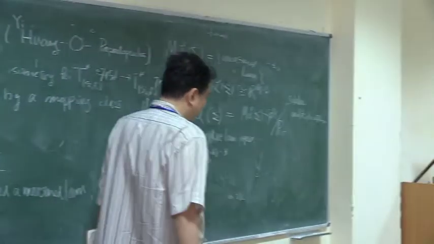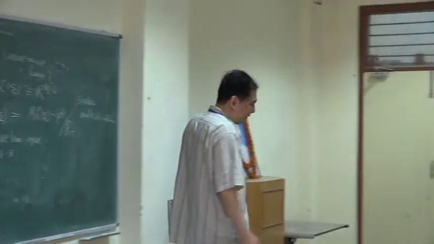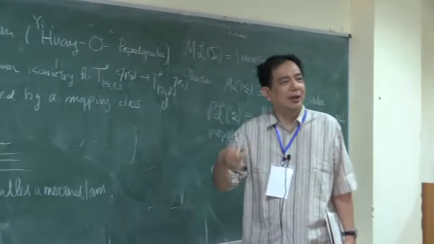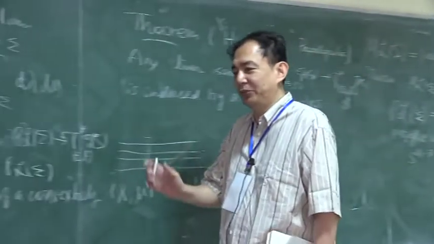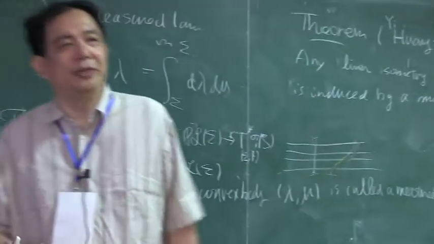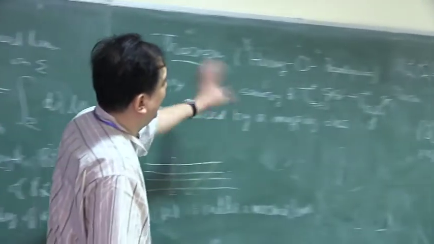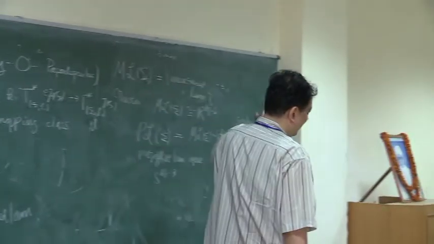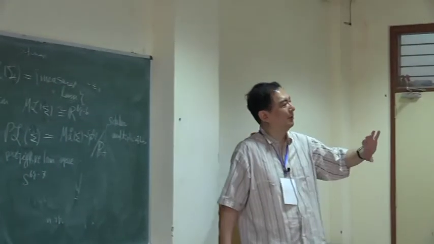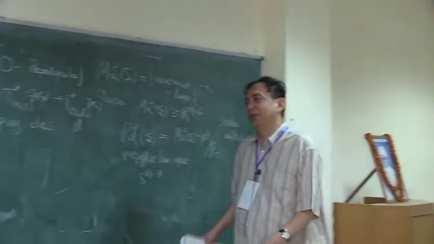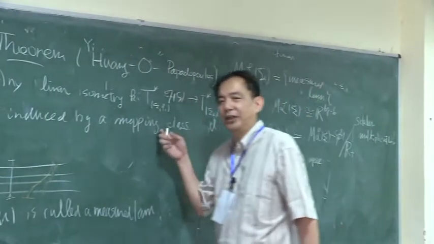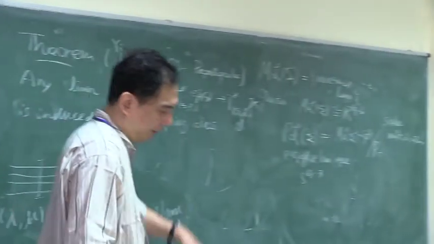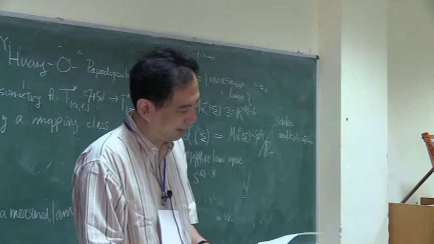So the conclusion is the same. Or maybe the conclusion is a bit different, because in the case of the Teichmüller metric, there might be some constant whose absolute value is 1, and this map might be a composition of the isometry with this kind of scalar multiplication. But here there's nothing like that. It just coincides with the action of the mapping class.